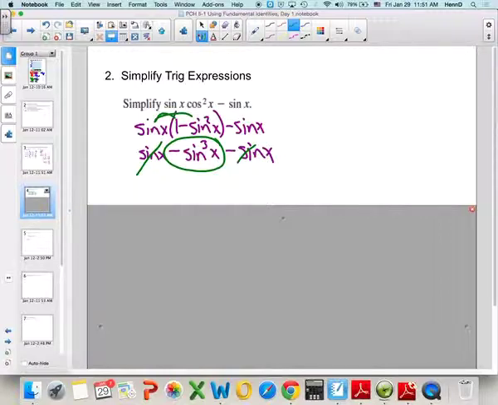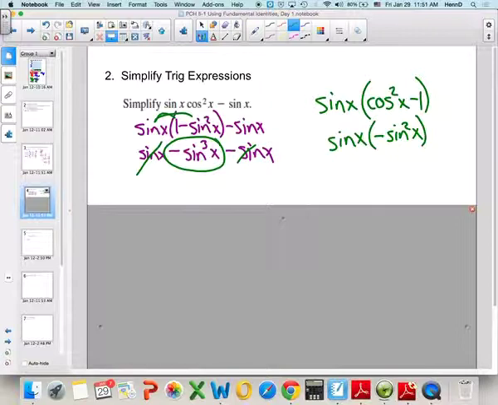And here's the thing, if you had factored out the sine first and done some other stuff, you would have gotten to the same place. How would you factor out the sine? You could have done sine x times cosine squared x minus 1. You'd have to be careful here because 1 minus cosine squared equals sine squared. Since it's backwards, it's going to equal a negative sine squared x.